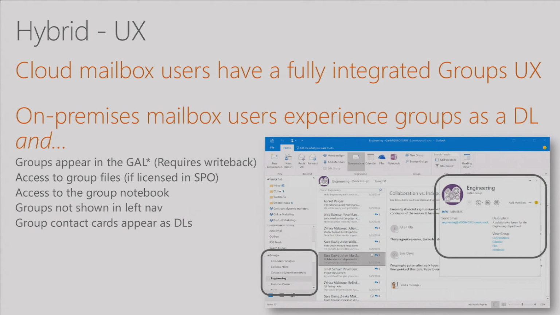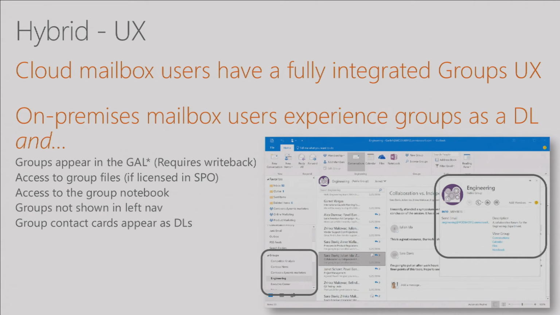If you're a hybrid user, if you're an organization that is across on-premises and Office 365, Office 365 groups do work for you. The experience that a user whose mailbox is on premises will have is like that of a distribution list. In fact, it's better than that of a distribution list because they have access to the shared document library for the group, the shared notebook for the group, and other assets for the group.